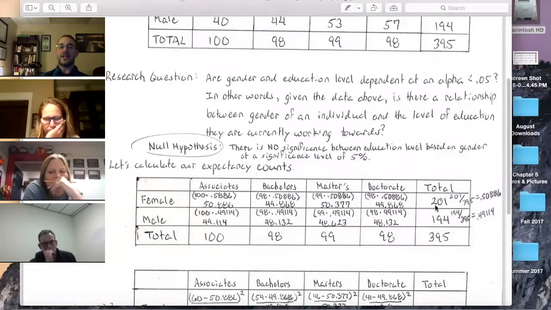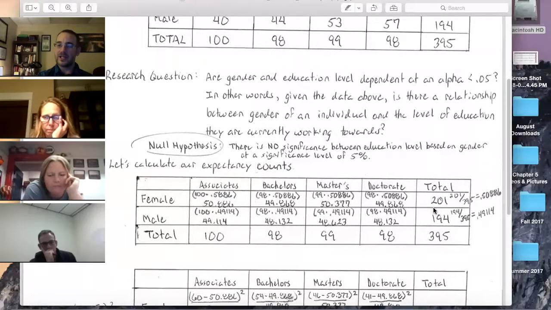If we wanted to know how many we would expect in each of these categories, for example, how many females would we expect to be working on their associate's, or how many males would we expect to be working on their master's degree, that's based on our sample data over here.